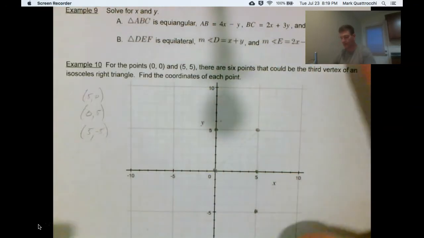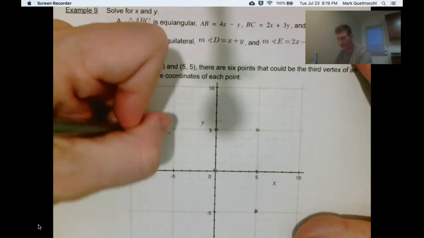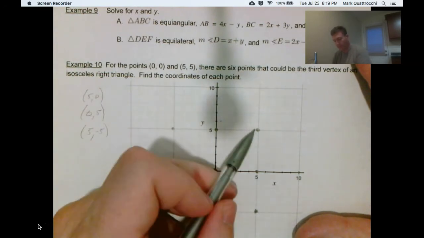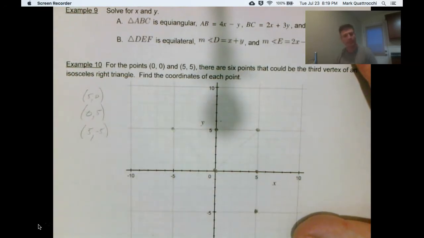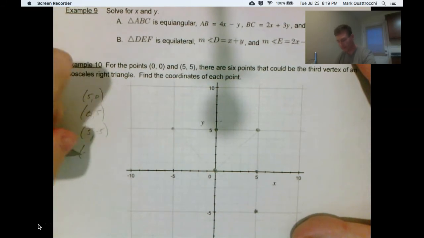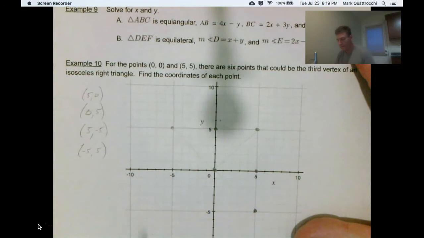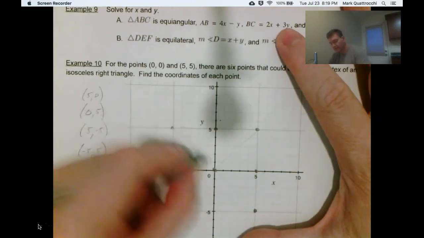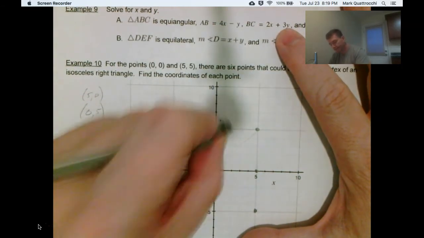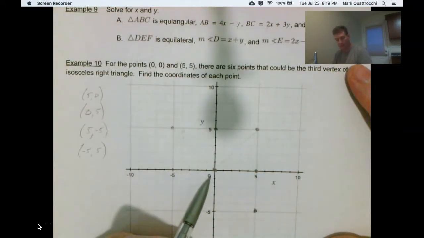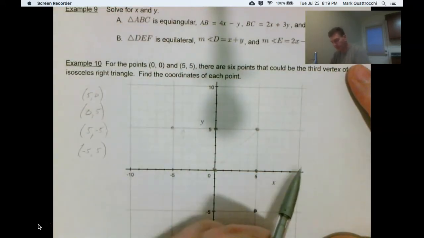I could go -5, 5. Making a right triangle here. This one also is a little bit harder to see. Right out here.